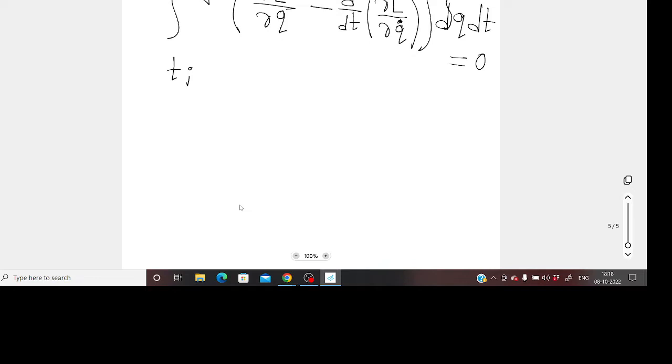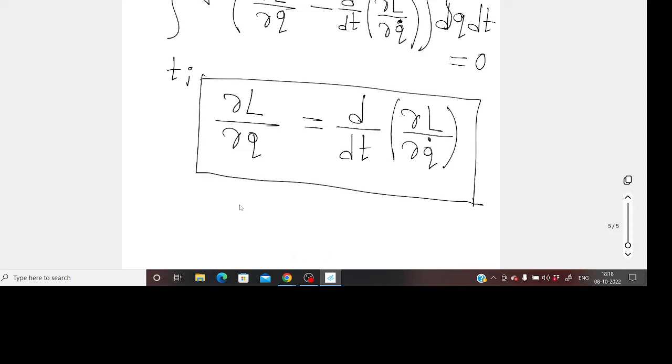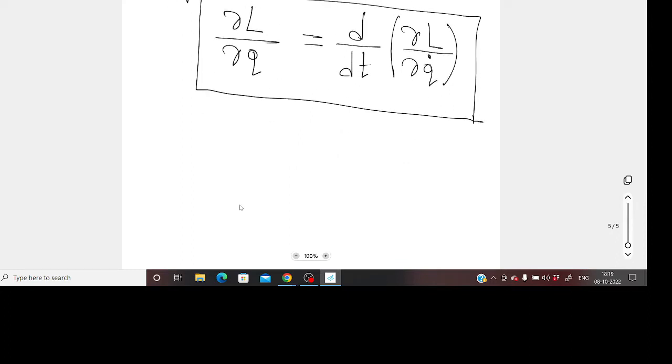Okay, and this equation is satisfied only if del L del q equal to d/dt of del L del q dot, and this equation is called Euler-Lagrange equation, and this equation can be used to find out the equation of motion for particles, right?